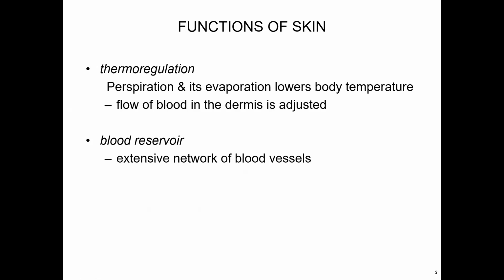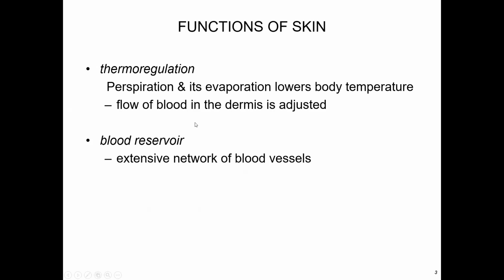So if you think about the body as a radiator, usually the air temperature is cooler than core body temperature, even cooler than the surface temperature of our skin. So we constantly radiate heat into our environment.